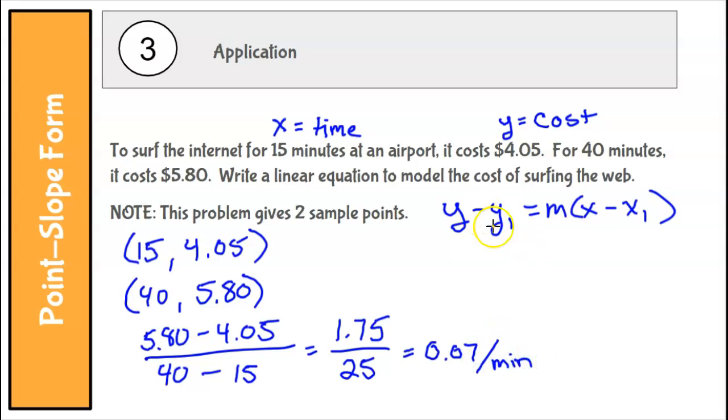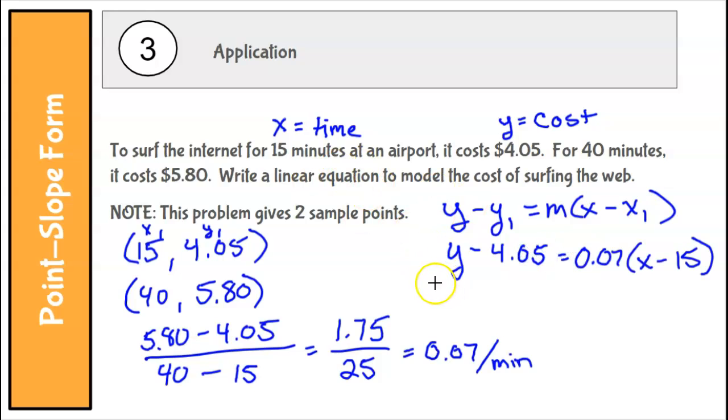So it costs 7 cents per minute to use the internet. And we have a point. We know that for 405, or for 15 minutes, it's 405. And there is a linear equation that models the cost of surfing the web. Hopefully you have a little bit of an understanding on how to use point-slope form. And that's the end of this lesson.